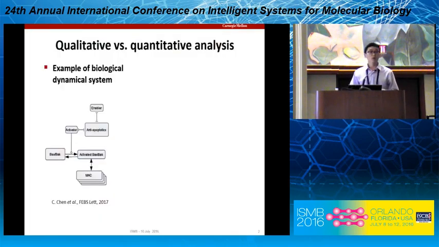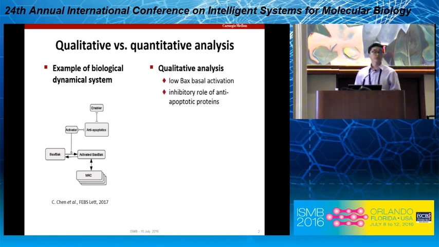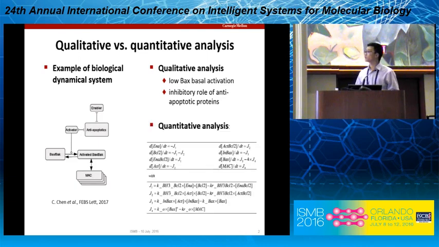For simple biological dynamic systems, there can be several ways to do the analysis. For simplicity, we can do some qualitative analysis, which could be a few descriptive languages. We can also do quantitative analysis, which could be differential equations to model the details.